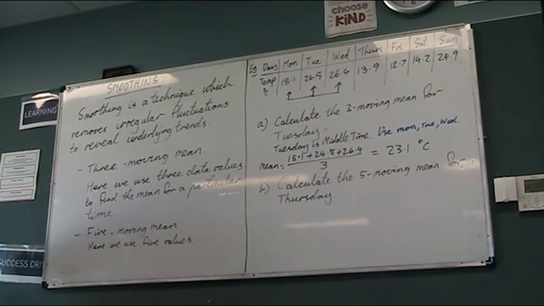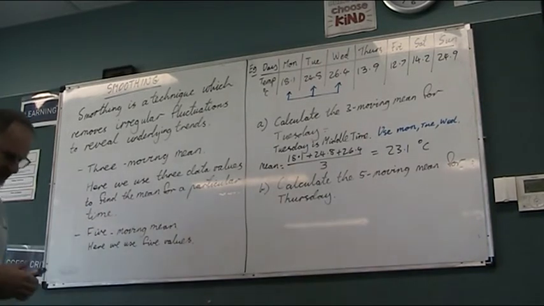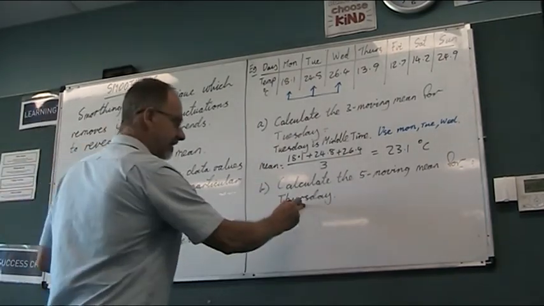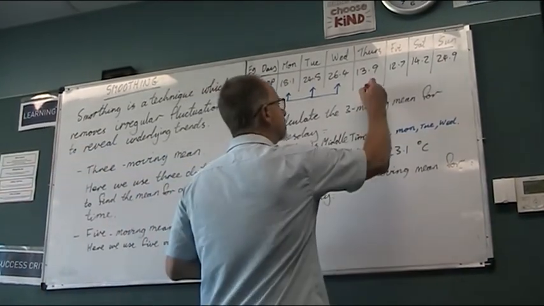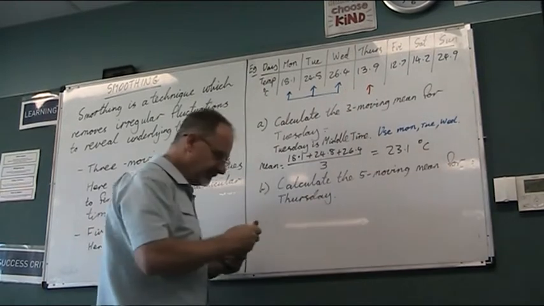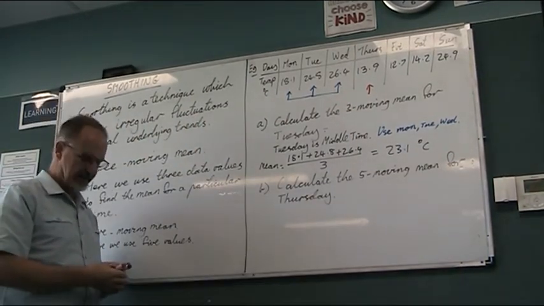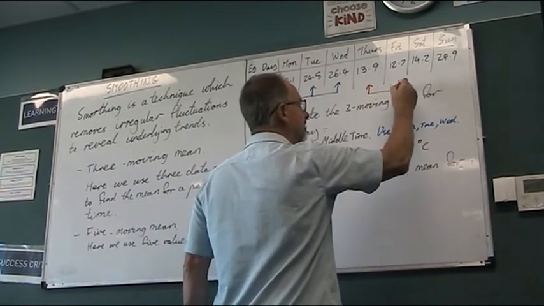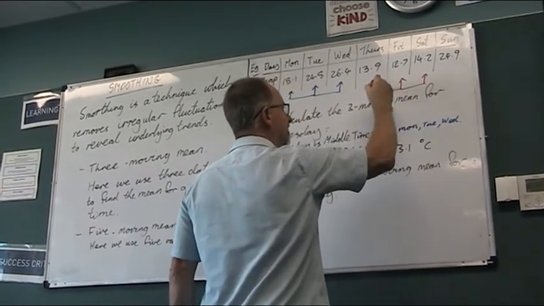Alright, to calculate the 5 moving mean for Thursday, Thursday has to be our middle. So to get 5, we need 2 to each side.